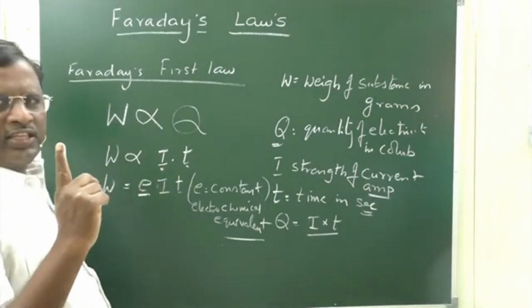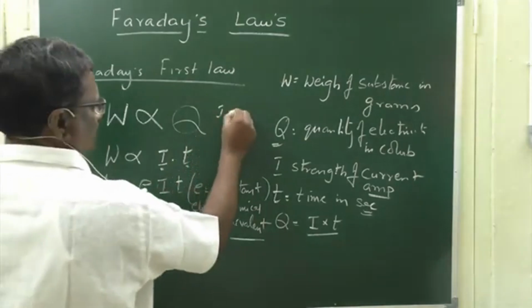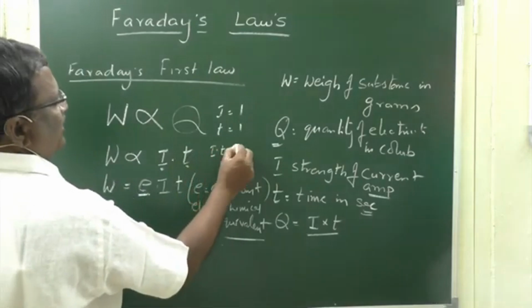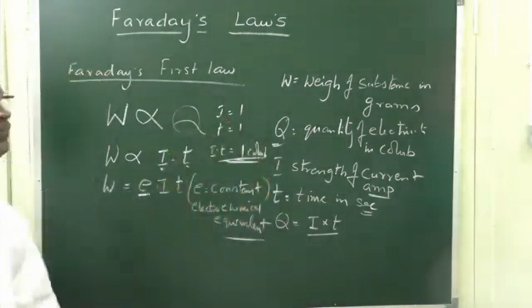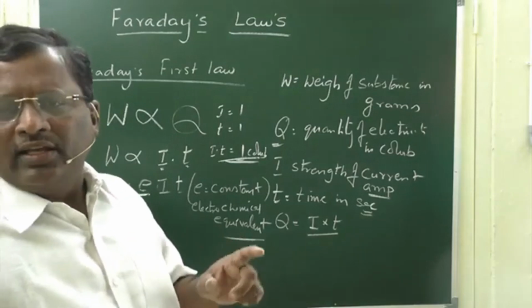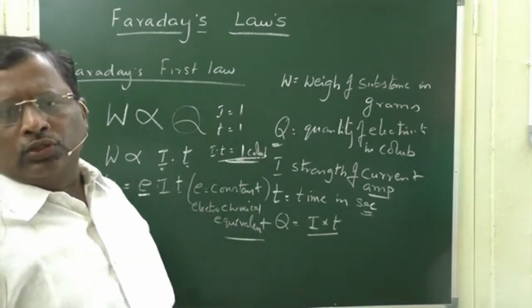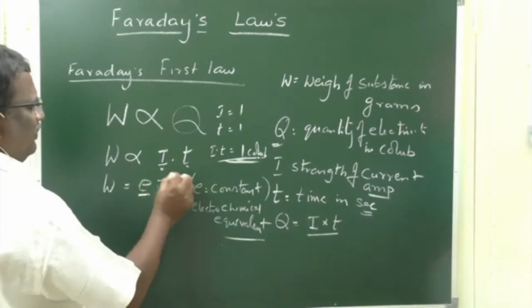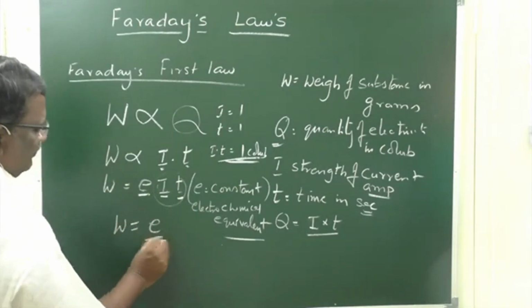If 1 ampere strength of current is passed for 1 second, I is equal to 1 and T is equal to 1. In such a case, I into T is equal to 1, and it will be equal to 1 coulomb. The total quantity of electricity will be equal to 1 coulomb. In such a case, W is equal to small e.